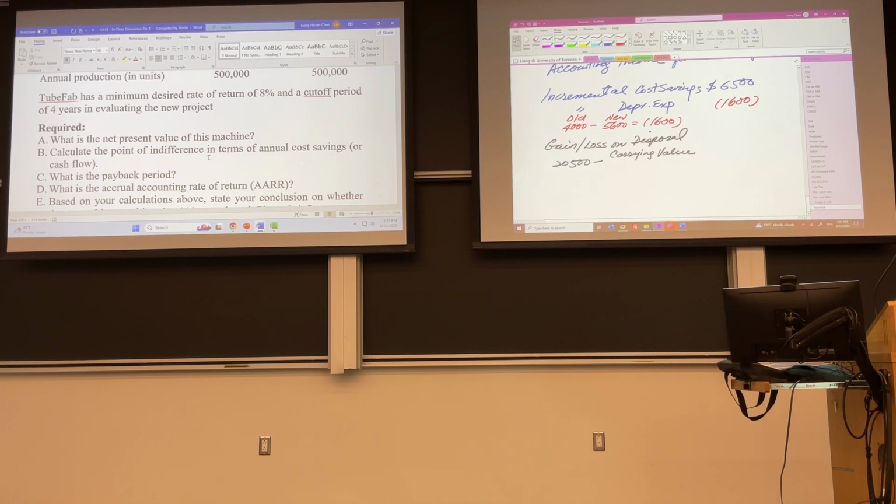Okay, so the cost is 50,000. Accumulated depreciation, 4,000 a year times 2 years. So the carrying value is 42,000. So right there, 21,500 loss.